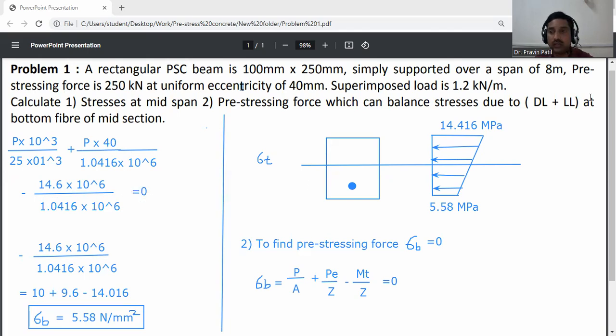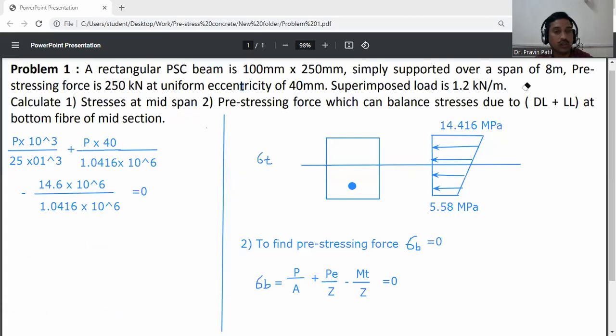So the only unknown here is the P value.